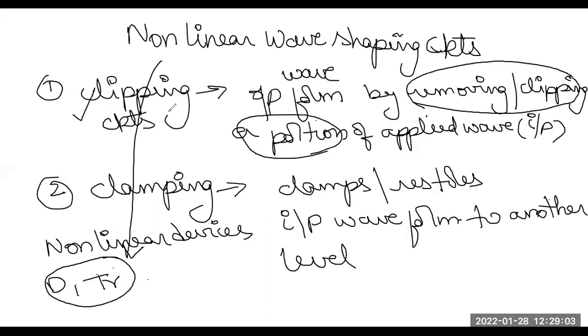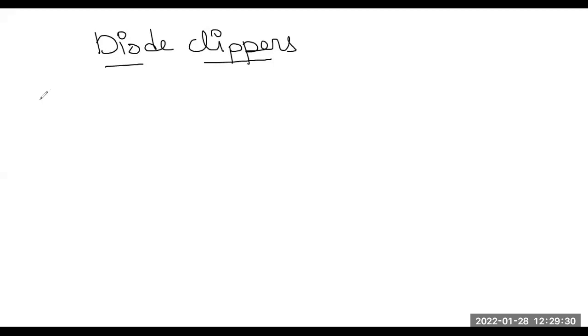Now with this introduction, let us look into the first type of wave shaping circuit, which is nothing but clipping circuits. I already said that clipping circuits can use diode as well as transistor, right? If in the clipping circuits you are using a diode as the non-linear device, we call them diode clippers.